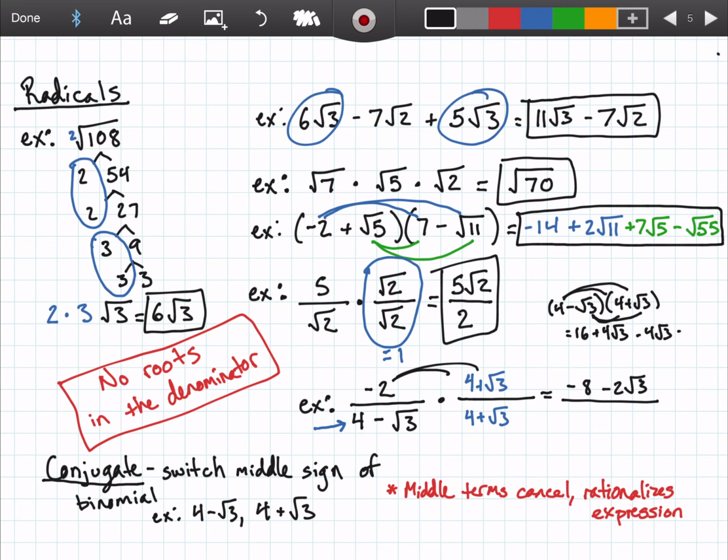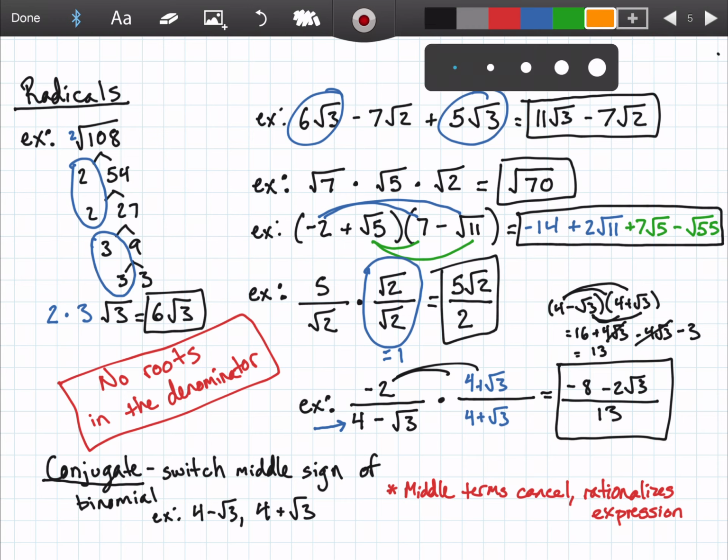Well, the roots cancel, and I just get a -3. Hey, look, the middle terms cancel. So I get a 16 minus 3, which is just a 13. And there we go. I could possibly look to reduce this if all 3 of these numbers shared a common factor, but they do not. Therefore, we are done with that.